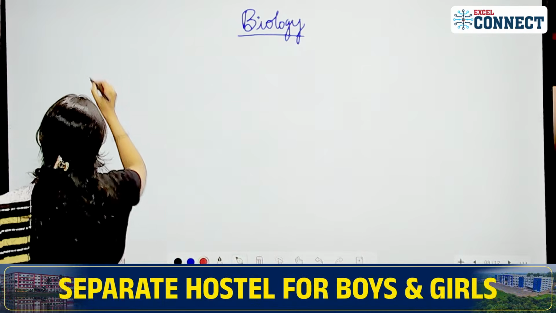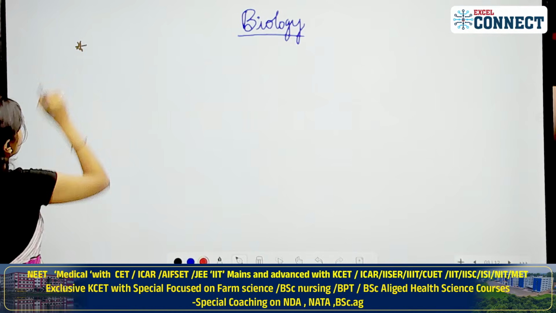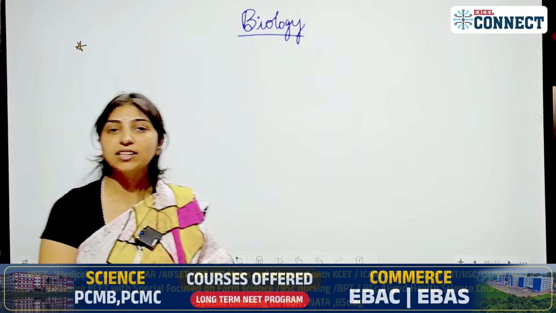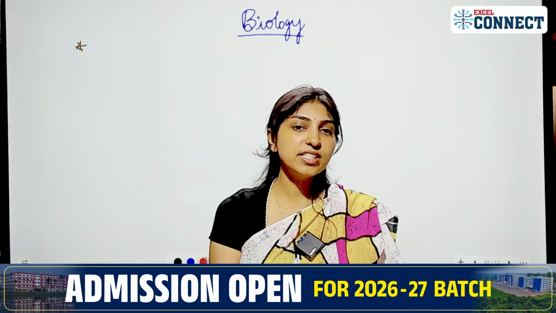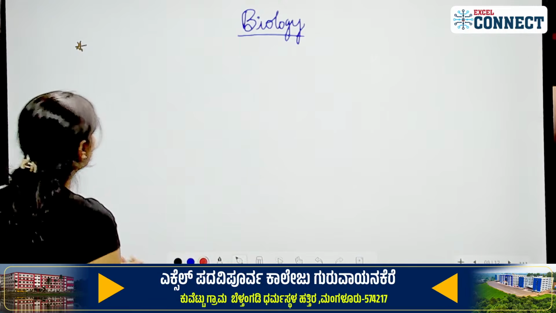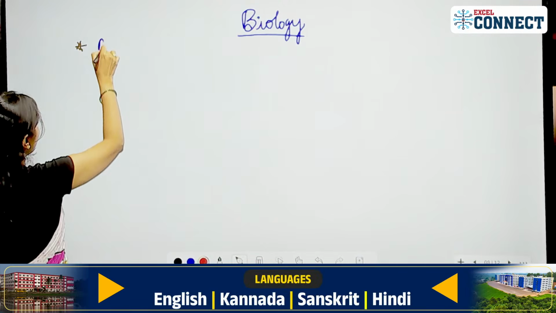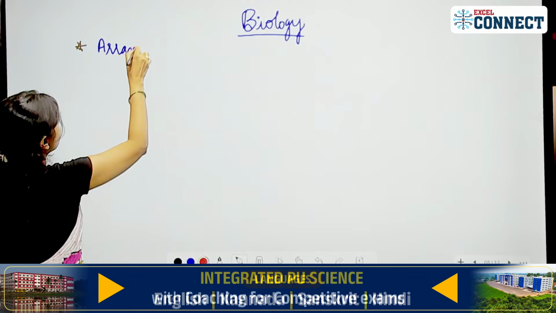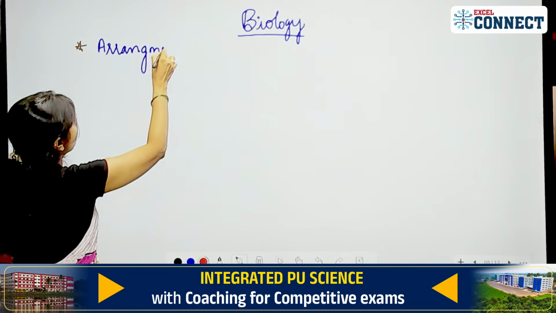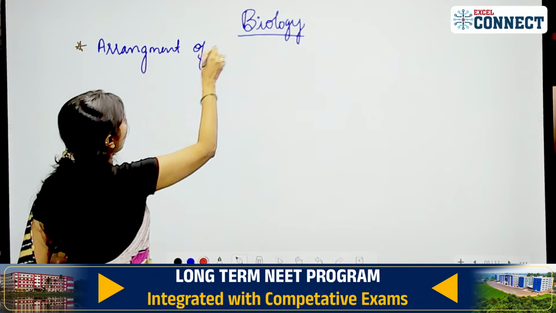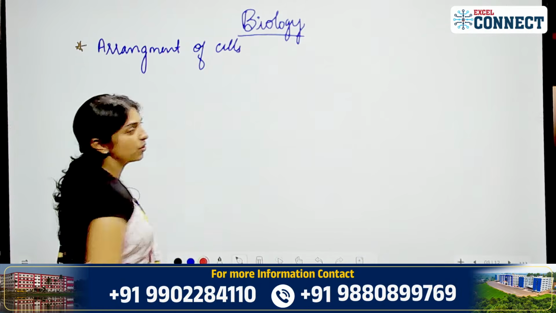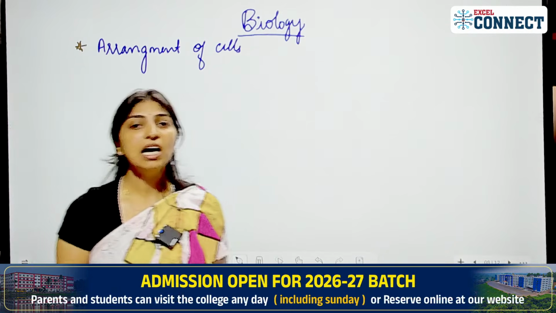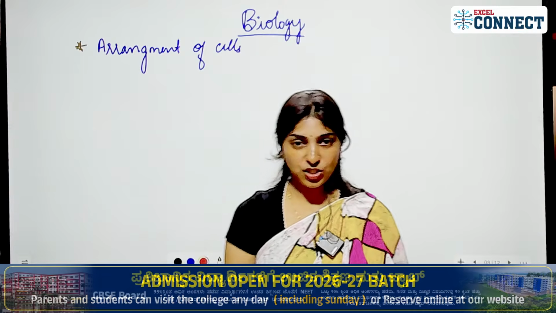Yes, we were discussing the characteristic features of animals and how the animals are categorized into different categories based on arrangement of cells, or you can say based on the level of organization.